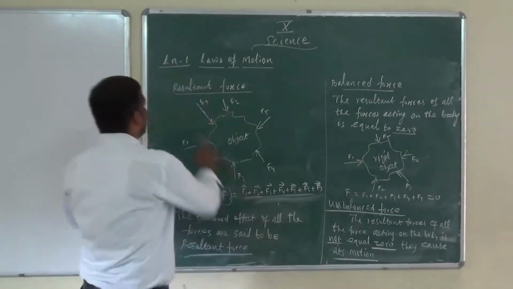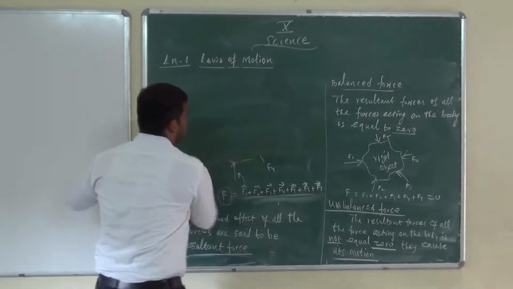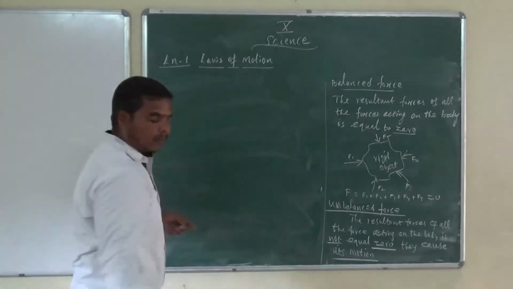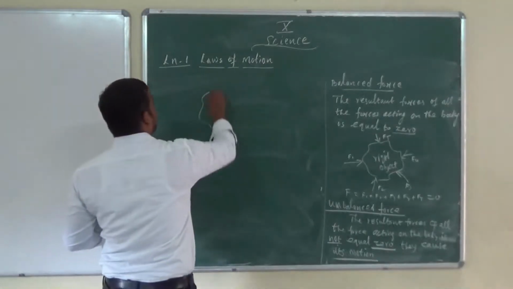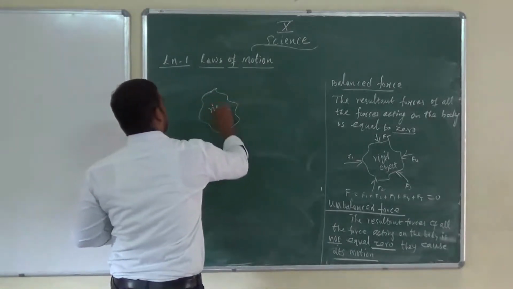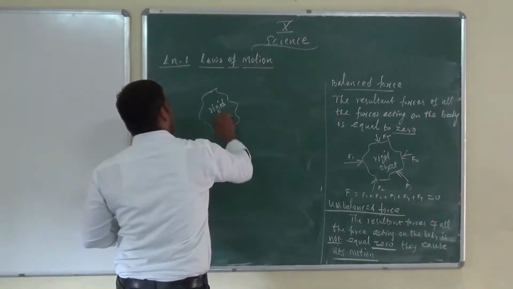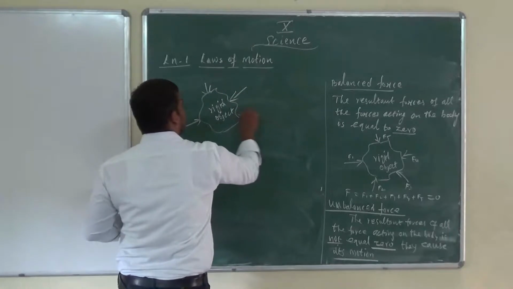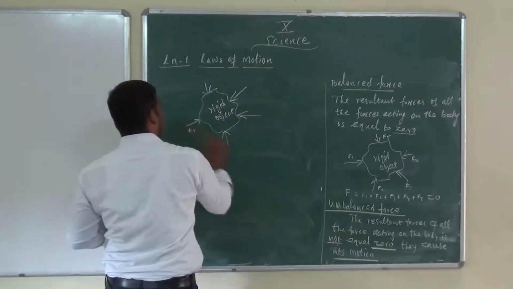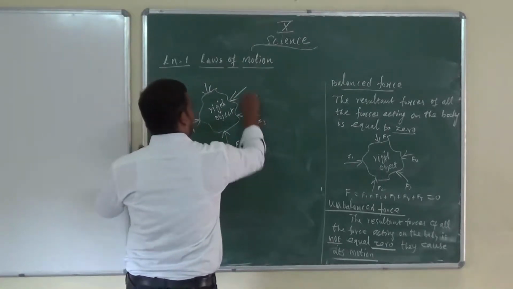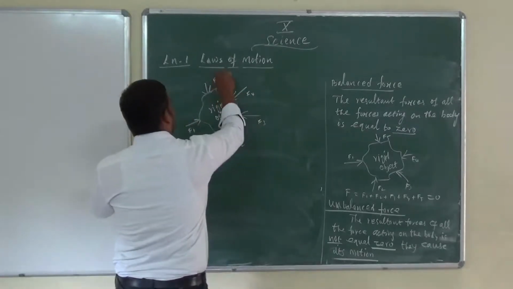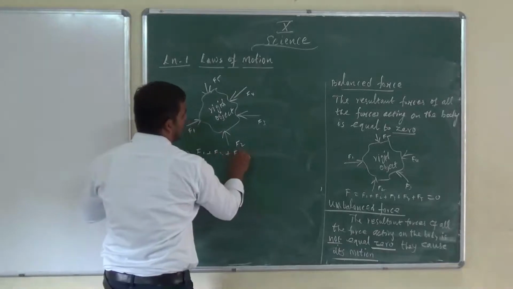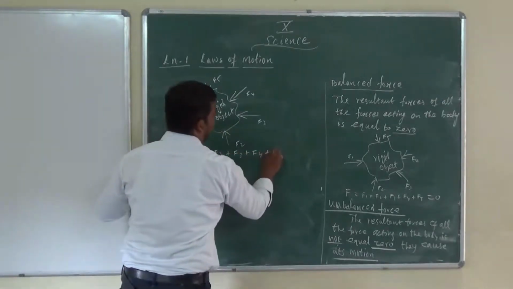For example, I'll show. See here, I'll take a rigid object, with forces F1, F2, F3, F4, F5. So F is equal to F1 plus F2 plus F3 plus F4 plus F5.